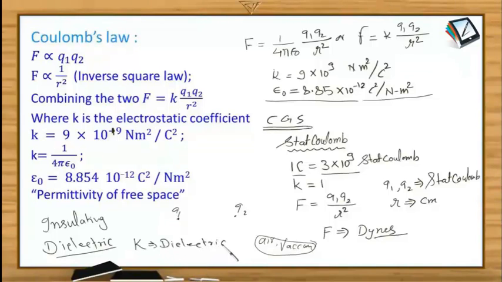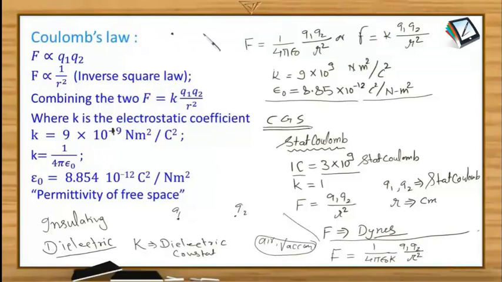You will be given this value in case the medium is given to you. So it is known as the dielectric constant. The only difference in the formula is this: F in MKS system becomes 1 upon 4 pi epsilon naught into K, where K is the dielectric constant, into Q1 Q2 divided by R square.